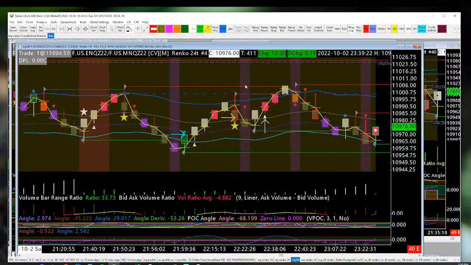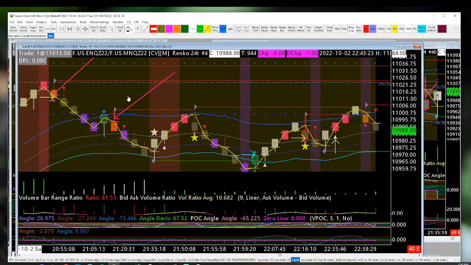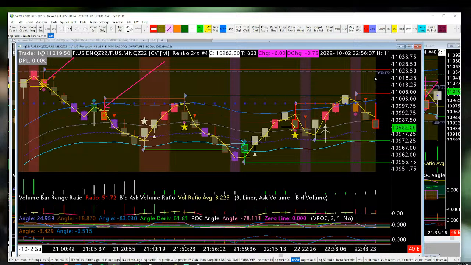But when these orange bars show up at the apex, so here is an apex, and here is an apex, right? When they show up at the apex, what you generally find is that they act as pretty good resistance.